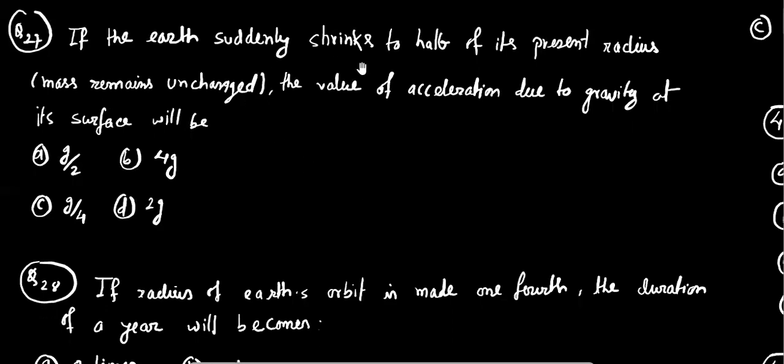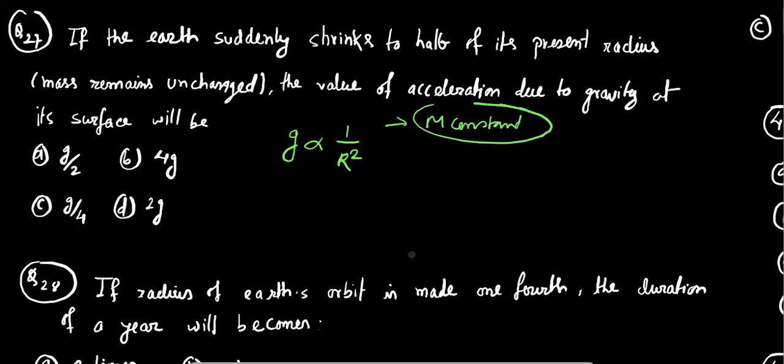If the earth suddenly shrinks to half of its present radius, mass remains unchanged, the value of acceleration due to gravity at its surface will be... As we know, acceleration due to gravity is inversely proportional to the square of the radius, and the condition is that m remains constant, which means that if the radius decreases, acceleration due to gravity will surely increase.